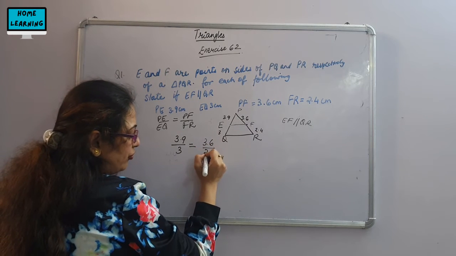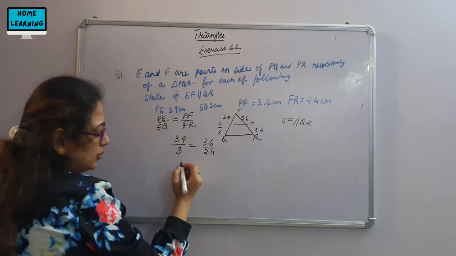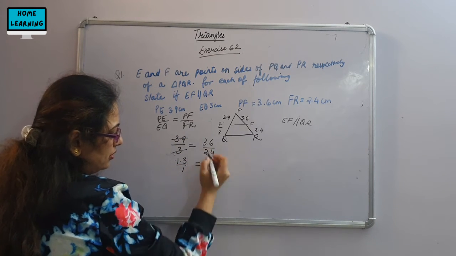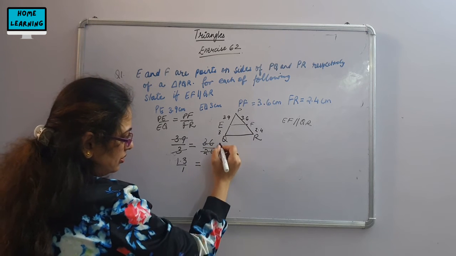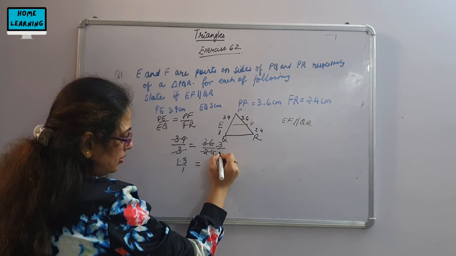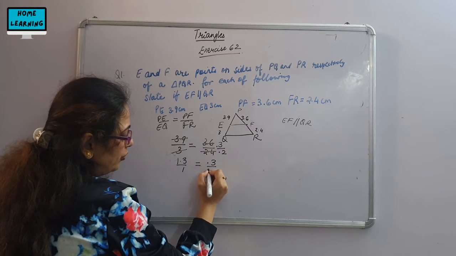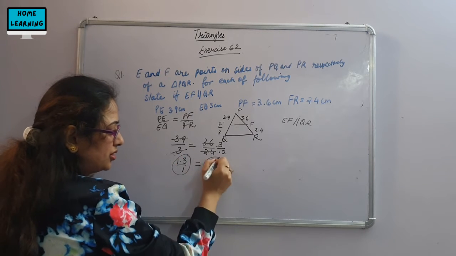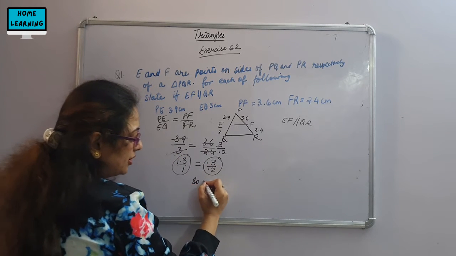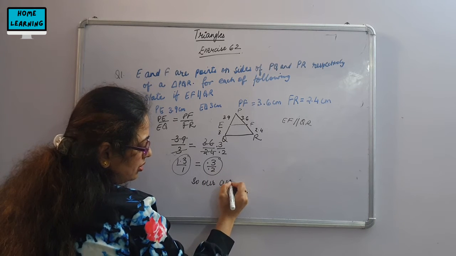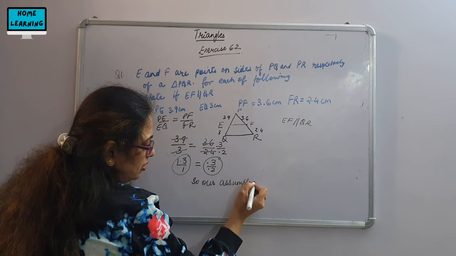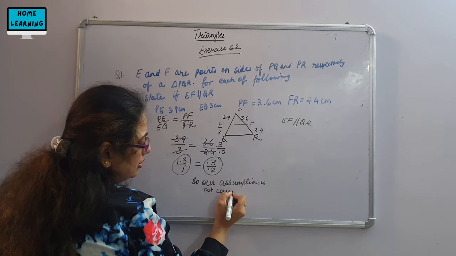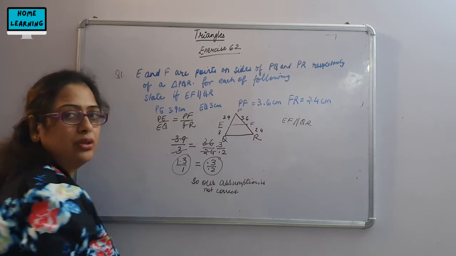This gives 1.3 upon 1 on one side and 1.5 upon 1 on the other. So these are not equal. The proportions are different, so our assumption is wrong and EF is not parallel to QR.